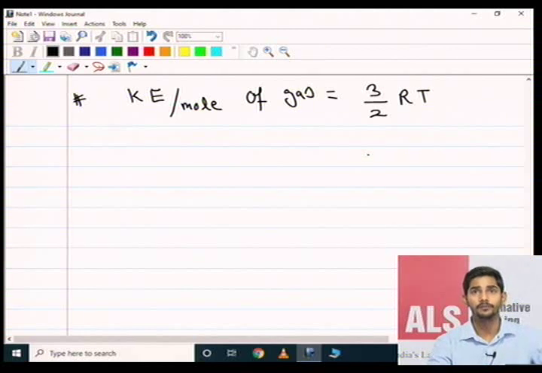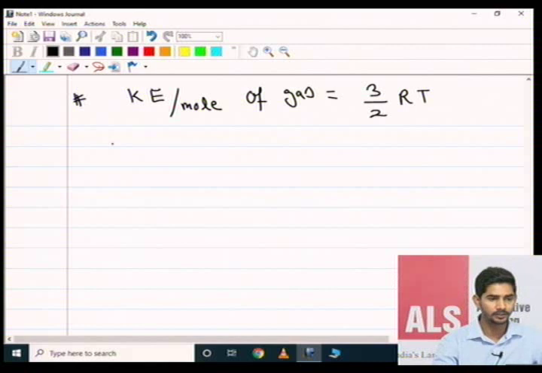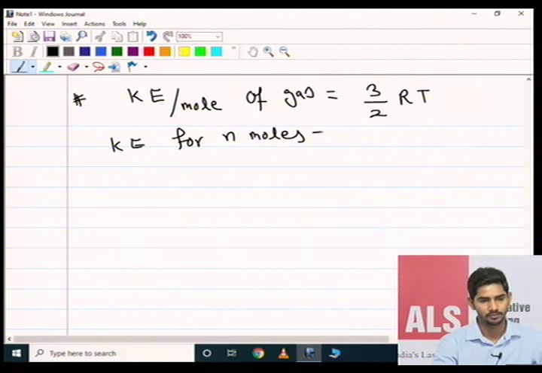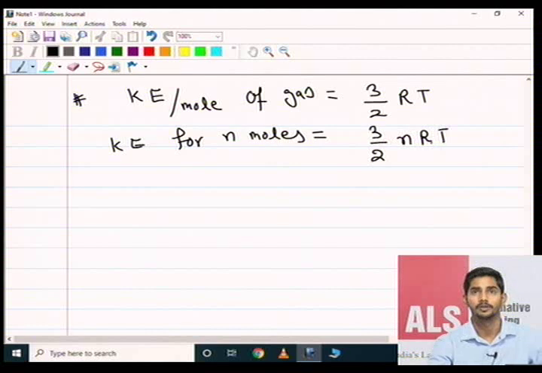We should remember the formulas only for the exams. Other than that, for n moles, this one will become 3 by 2 nRT. These are the formulas that you have to remember, and you will get a straightforward question based on these formulas.